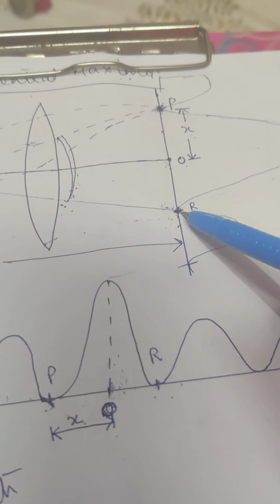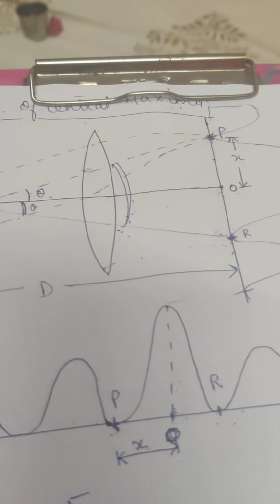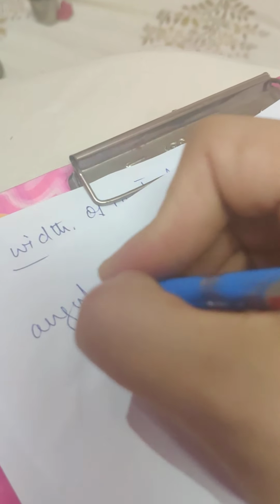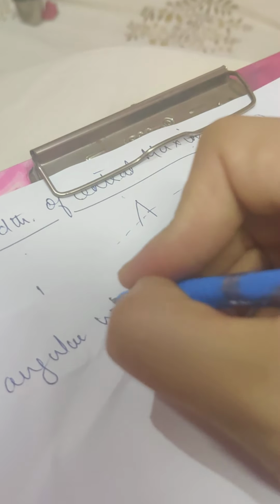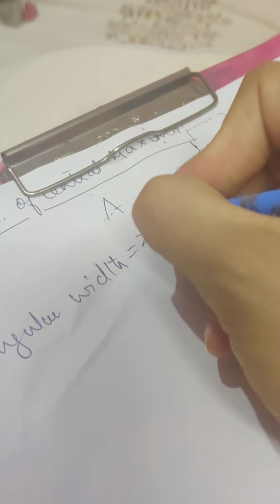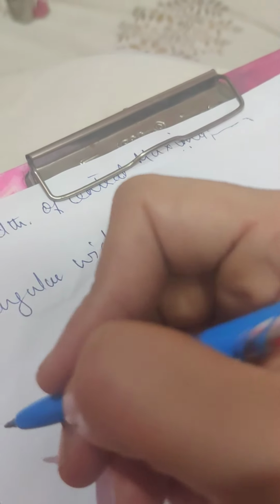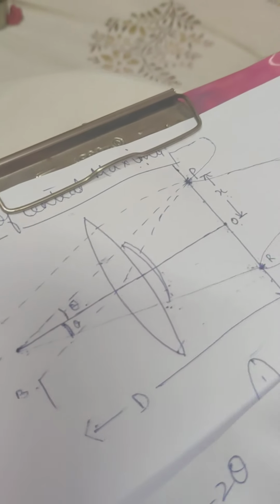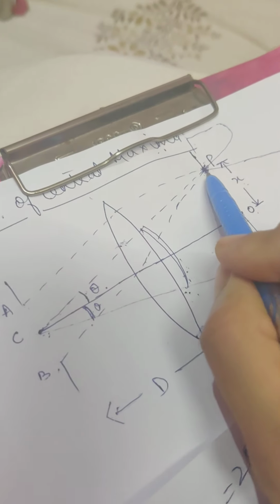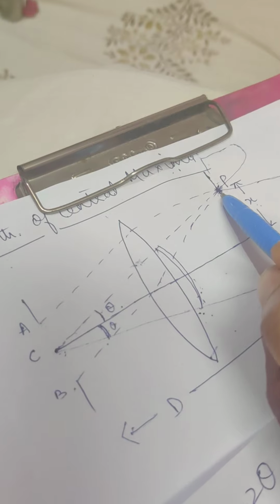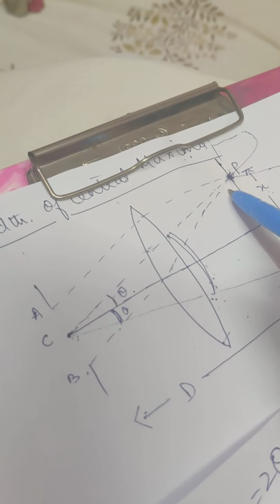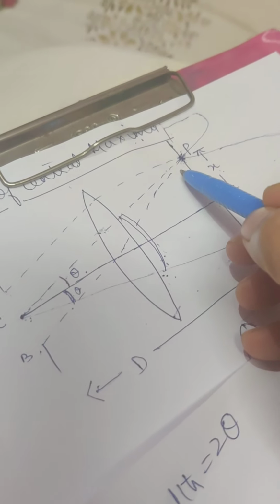So, see beta, as we know our angular width is equal to 2 times theta, and we know we get the first secondary minima when the waves are diffracted at an angle of theta.